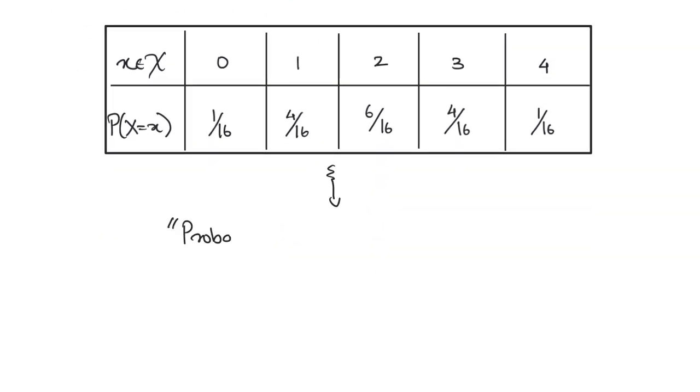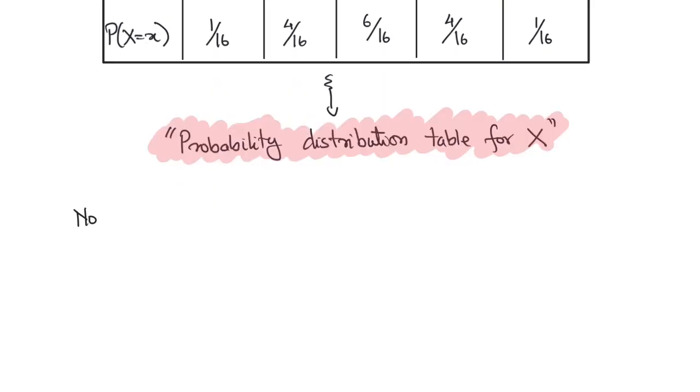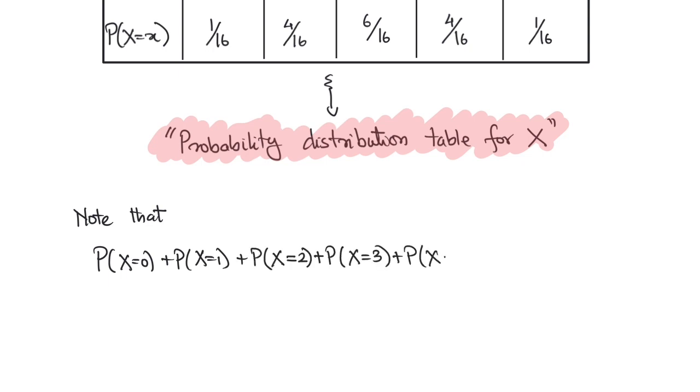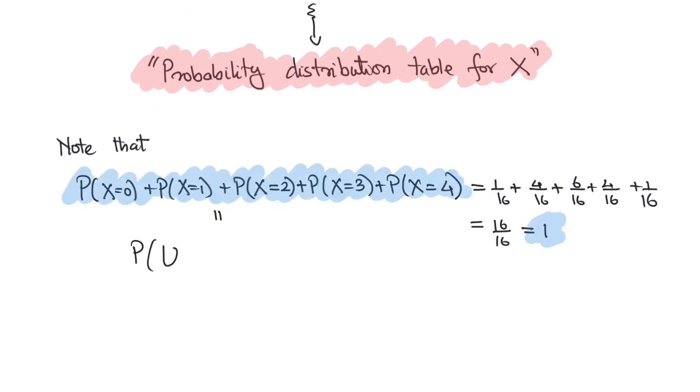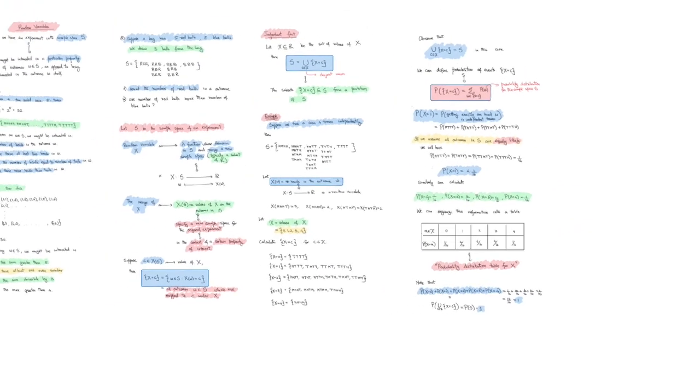Such a table is called the probability distribution table for x, and we will define these in very general settings in subsequent videos. We finish up by showing a calculation of the sum of the probabilities corresponding to the events x equals c. And recall that these events were a partition for the sample space, so the sum of these probabilities has to rightfully equal 1.